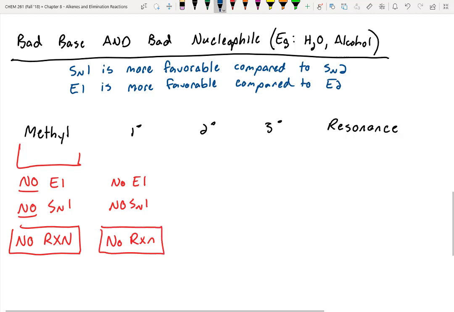And I'm going to put a little asterisk here. There may be a specific situation where this occurs. What do you think could happen? Let's say you kick off your leaving group and get a primary carbocation. It is really, really unstable. What could happen, though, to stabilize it? Could rearrange or have resonance. We've got resonance already on this table, so we're going to ignore resonance for now. So it could rearrange.